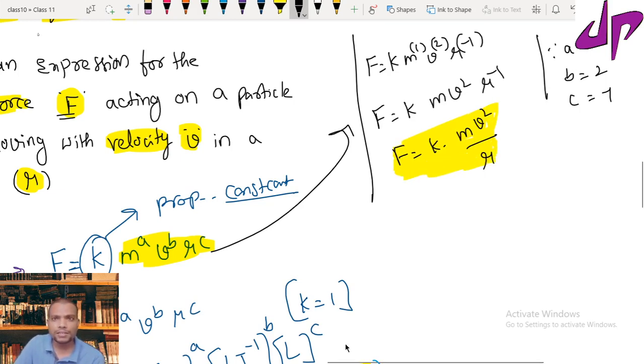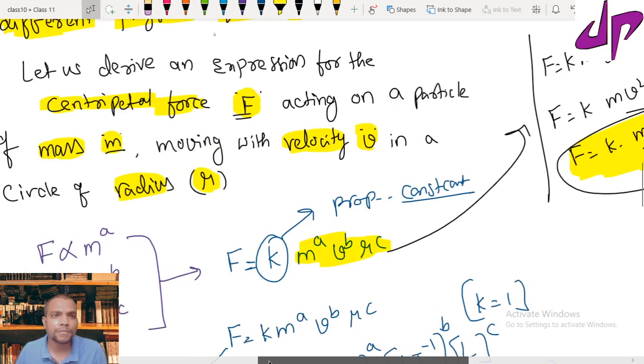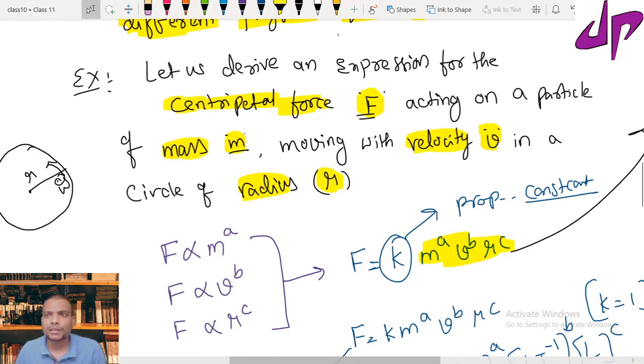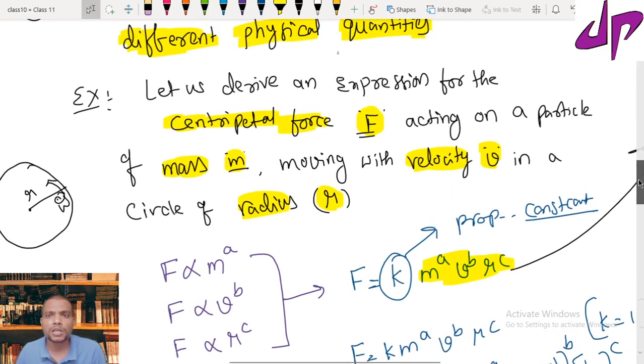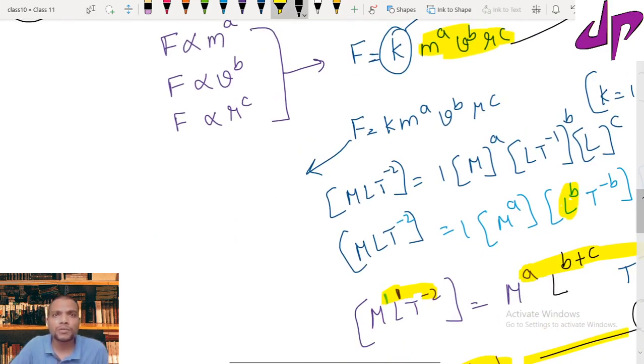Now we derived the centripetal force formula by considering an expression in which the force is proportional to mass, proportional to velocity and proportional to radius. Here we compared the dimensions, which is the corresponding comparison with the dimensions of the force.